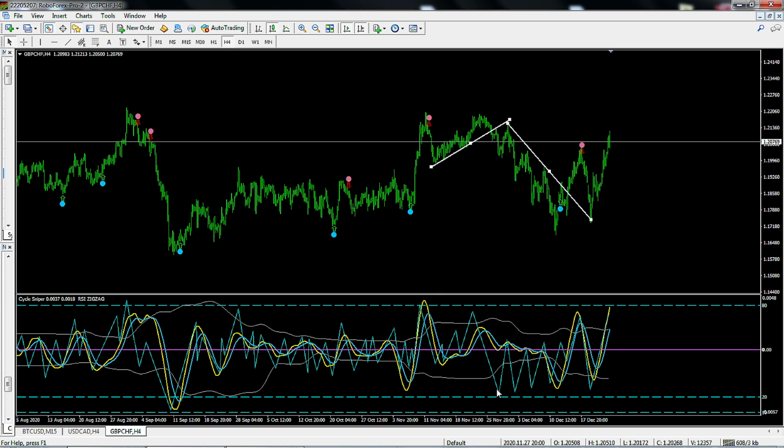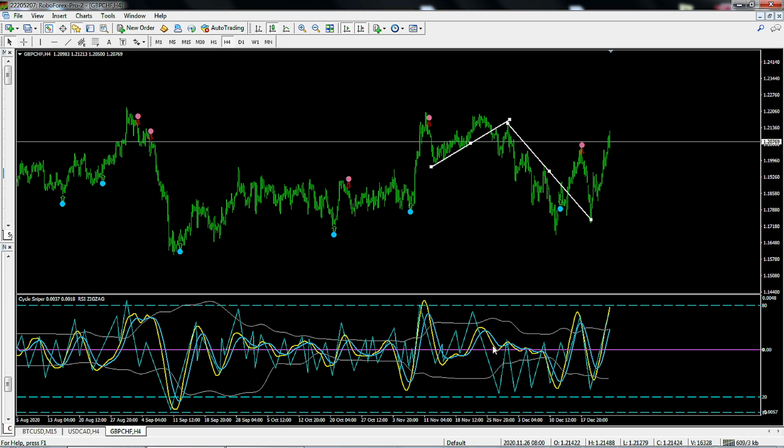Here, as you see, even though RSI ZigZag is close to 20, so oversold, this is not RSI, this is RSI ZigZag, okay, but Cycle Snipper is not on the overbought or oversold level.